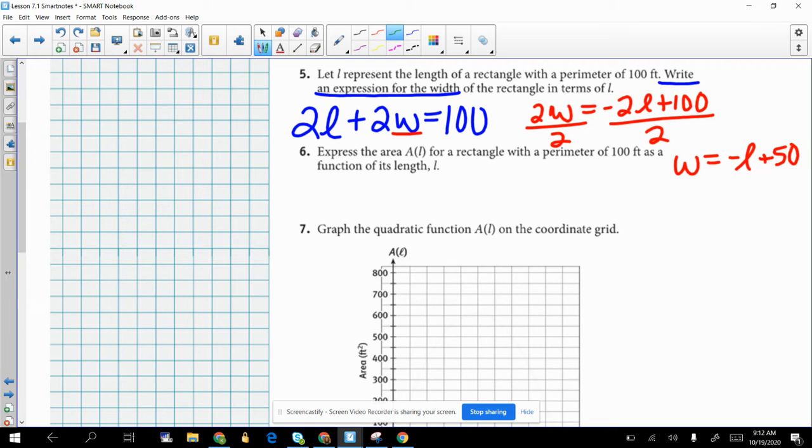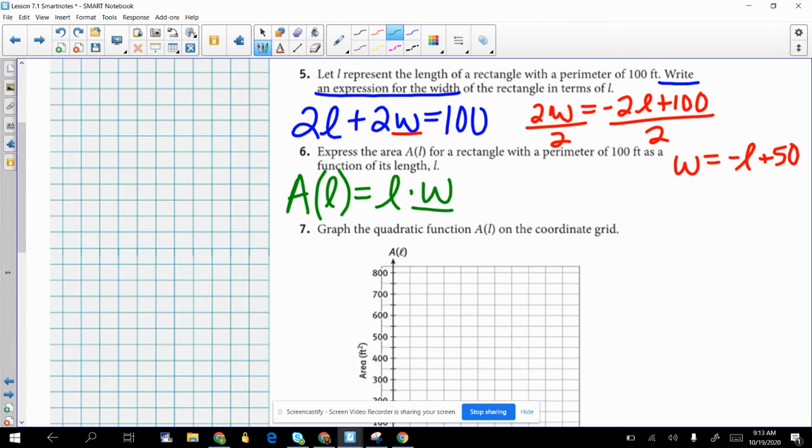Okay. Then in this next part, 6, it says express the area A of L for a function with a perimeter of 100 feet as a function of its length. Okay, so remember, area is your length times your width. So now we know area, or A of L, equals length times width.